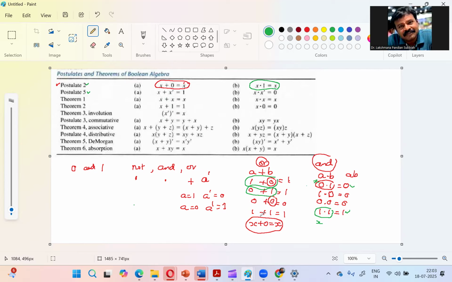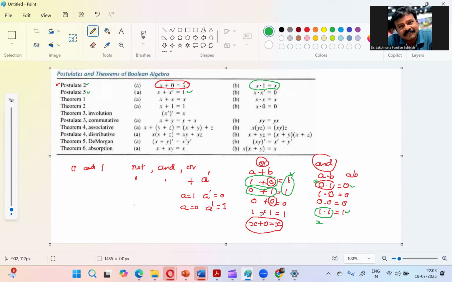The result is always 1. So x plus x dash equals 1, because either this is 0 and that is 1, or the reverse, so one input is always 1 and the result is 1.